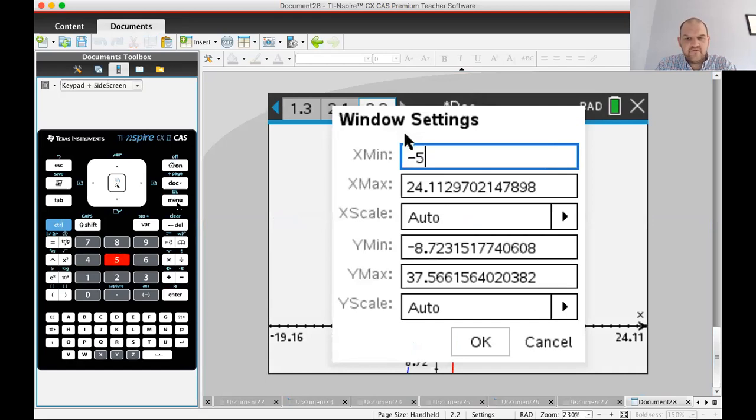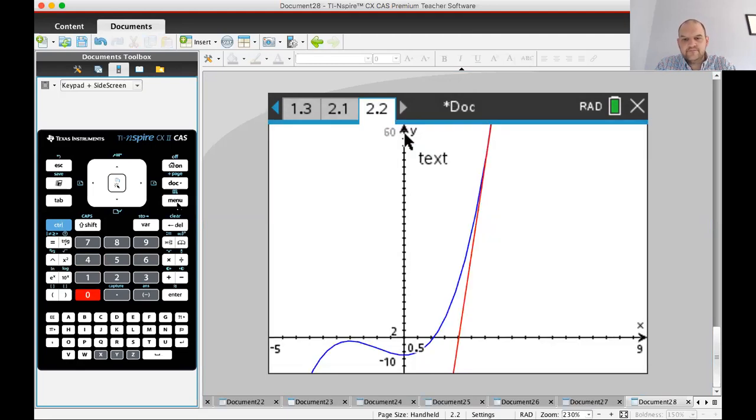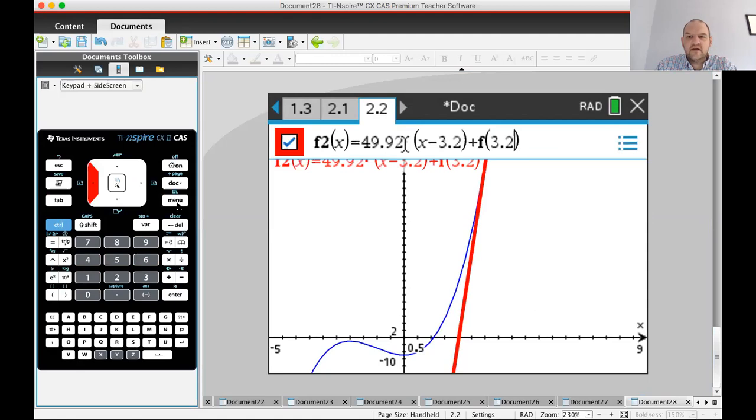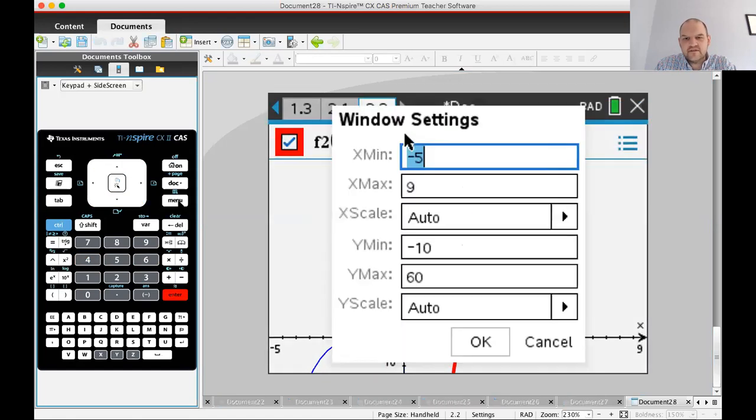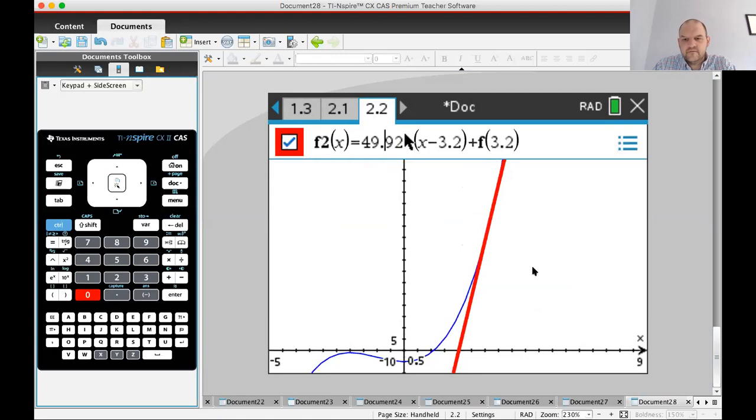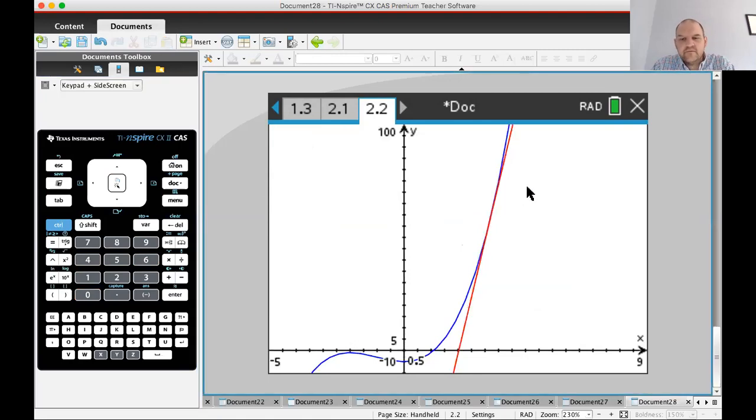Let's go -5 to like 9, and then we'll go -10 to 60. Really not good enough. Let's go, whatever, it's fine, but we go to 100. Wow. Okay, that's pretty good.